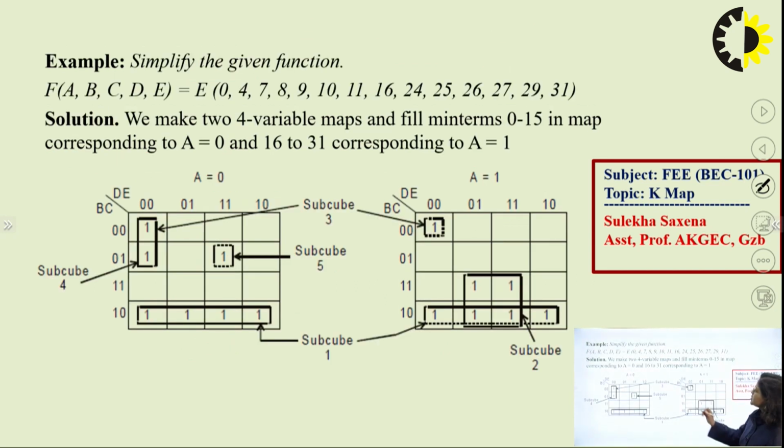For example, consider this example of a min-term expression. The largest variable is 31, so we can easily say that it's a 5 variable K-map.